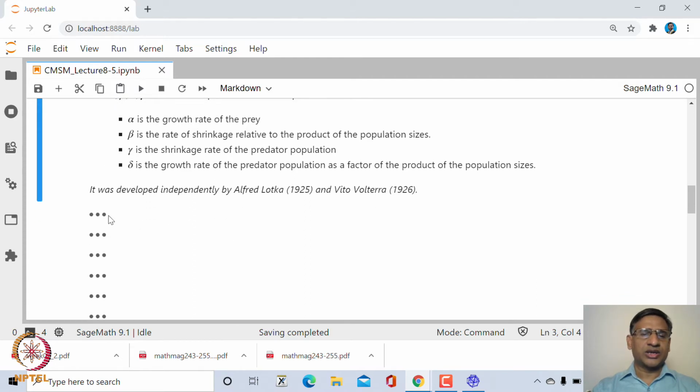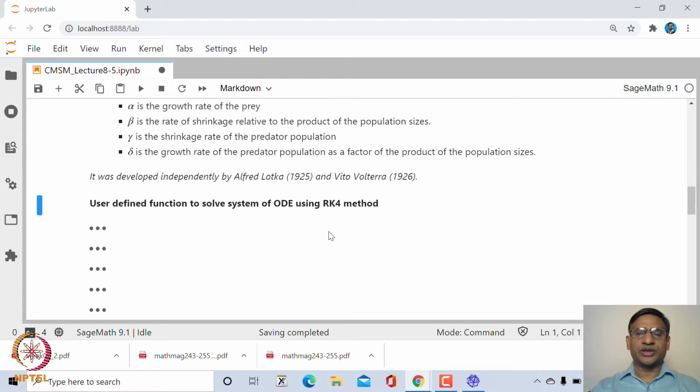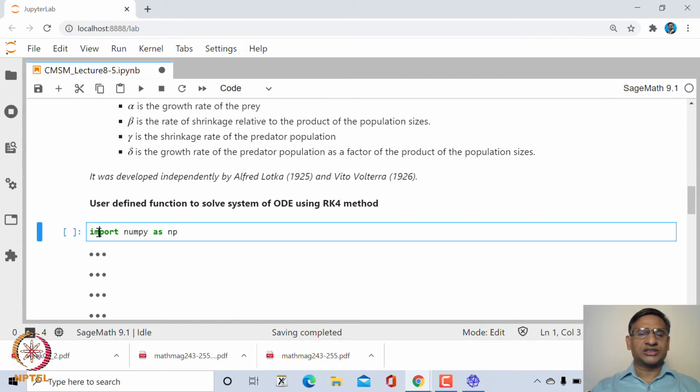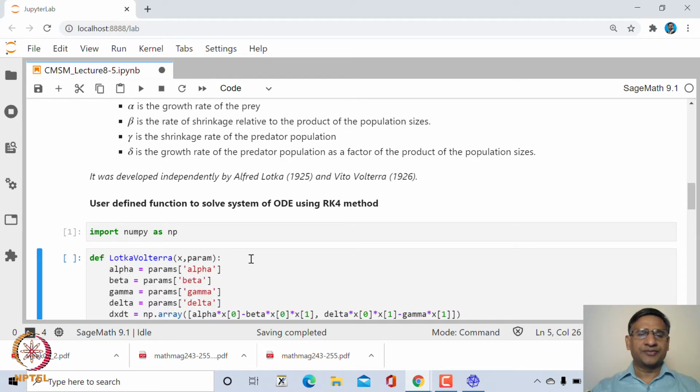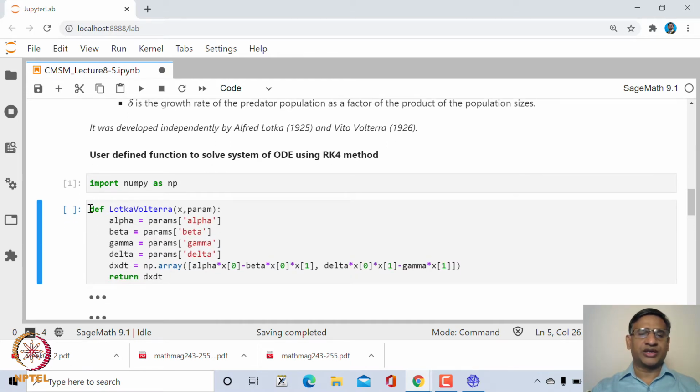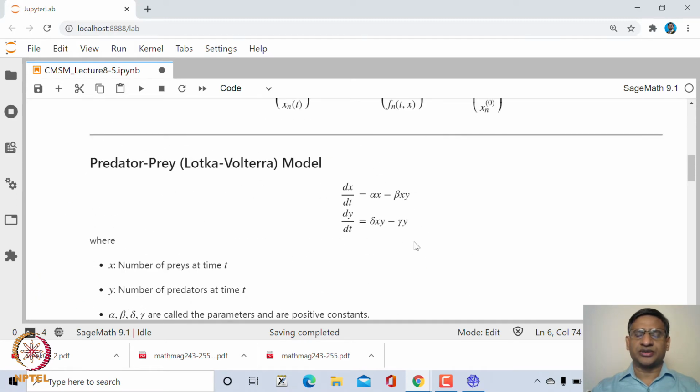Now, let us look at how we will make a user defined function for this particular problem. First, let us import numpy as np. We will write the user defined function as a Python program, and let us first define this Volterra function, which is going to be an array representing the right hand side of this system of differential equations.